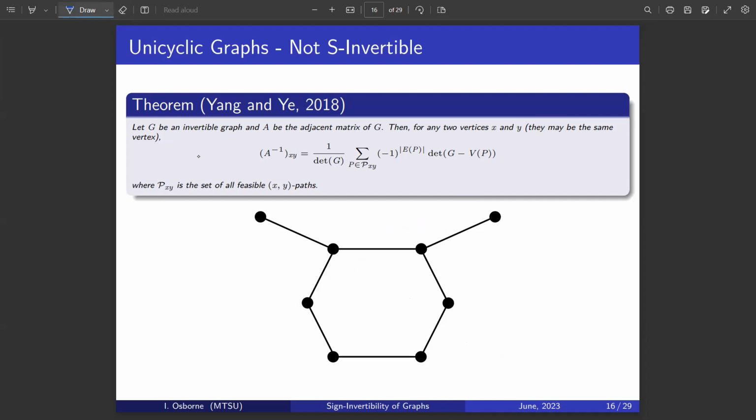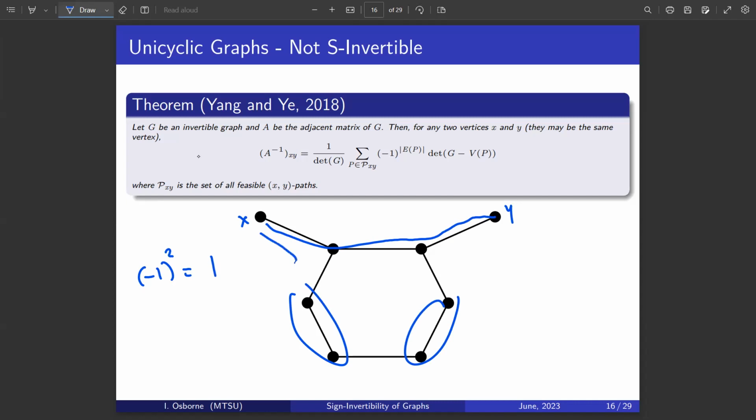So if we're going between this peg and this peg, we can take this path. And so the determinant of what's left over is -1 squared. So that's just 1. If we go this way, then we've used up all the vertices in the graph.